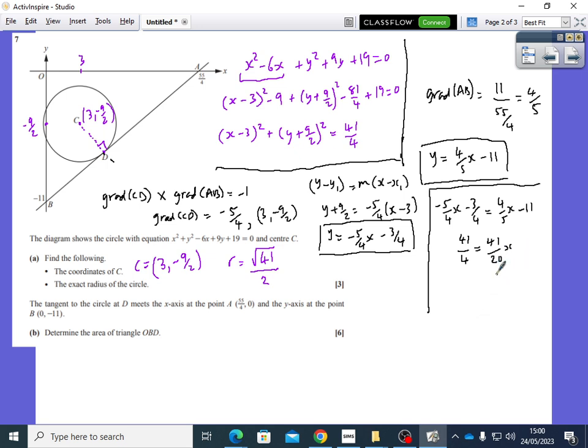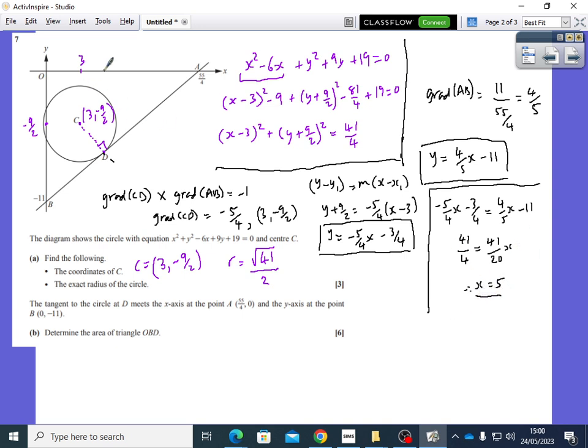Okay, so if I times by 20 and divide by 41, they will cancel, and that will be 20 over 4, so therefore x will equal 5.